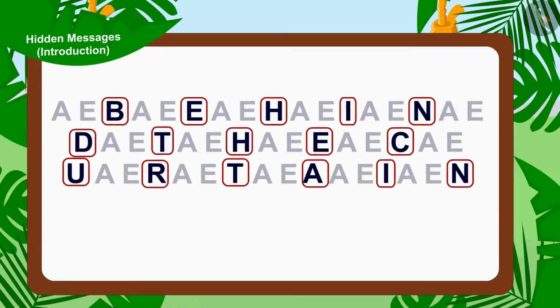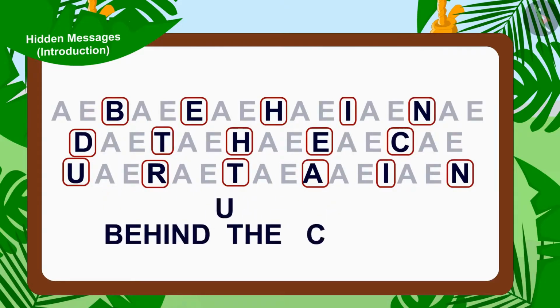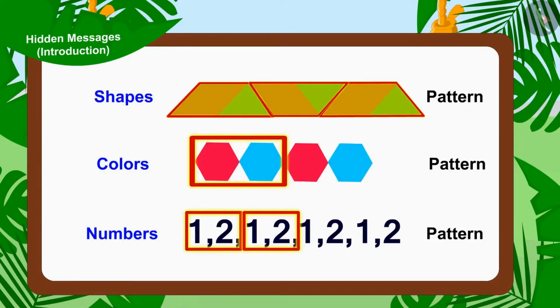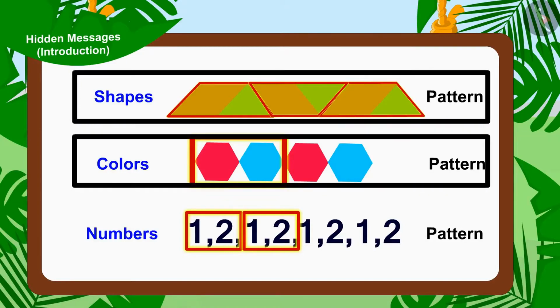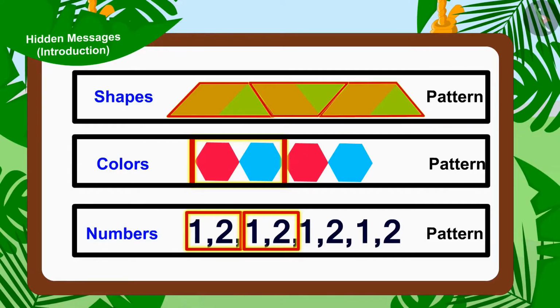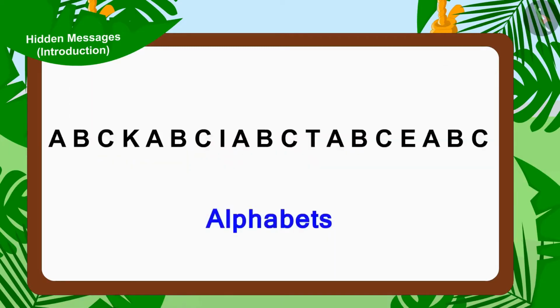Children, now did you understand the clue written in Appu's letter? Absolutely right. Here the clue is behind the curtain. Children, the way we saw patterns made of shapes, colors and numbers, in the same way we can hide various interesting messages by using alphabets.